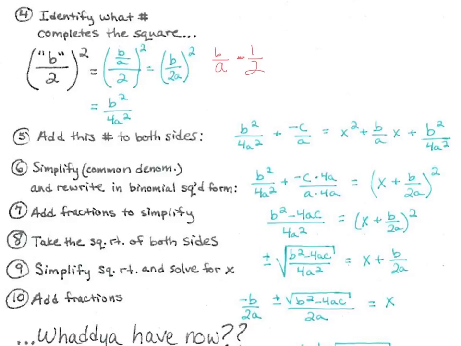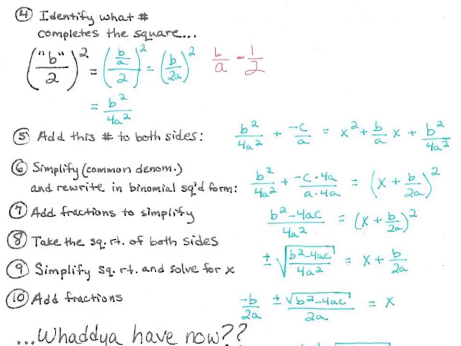Then notice we're going to put our 4a and c just in alphabetical order as we combine those numerators into one fraction in step 7. And we have b squared minus 4ac, which should look pretty familiar to you, all over 4a squared. So that's the progression of the left-hand side between steps 6 and 7.